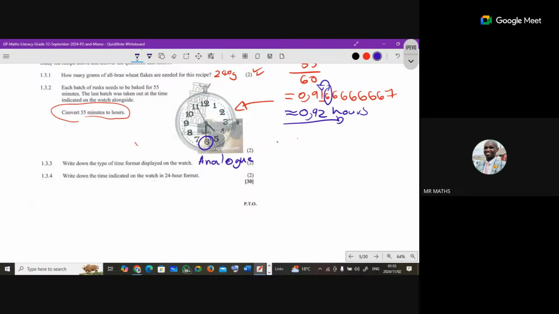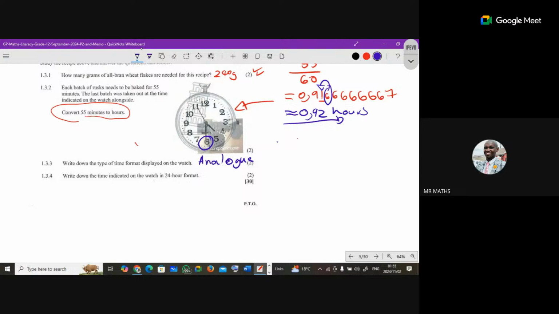So the longer arm is pointing at 6. The longer arm is always representing minutes. So 6 is 30, it's half past. So half past is 30 minutes. It's half past what? The shorter one is above 4, so it's half past 4.